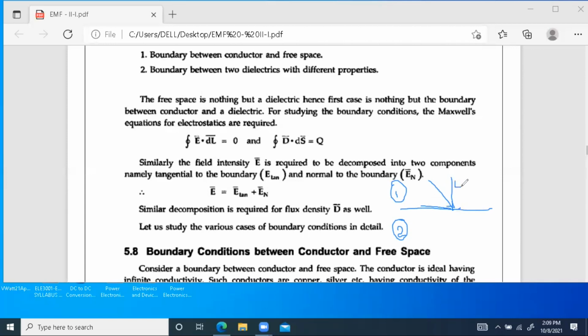So this is your normal component. This is your tangential component. So your vector field, your E, is equal to E normal plus E tangential.